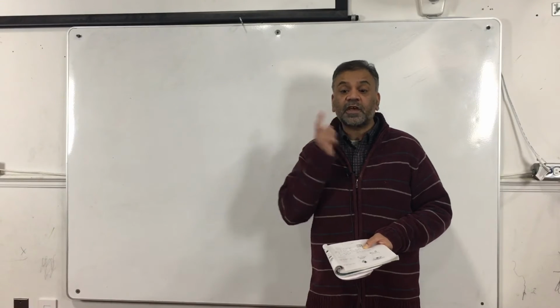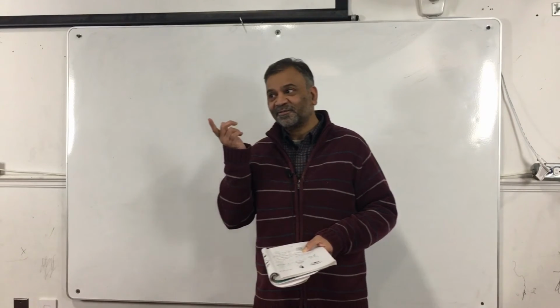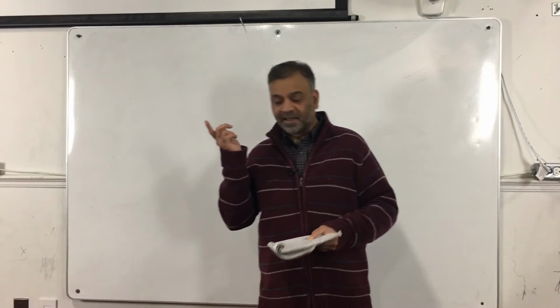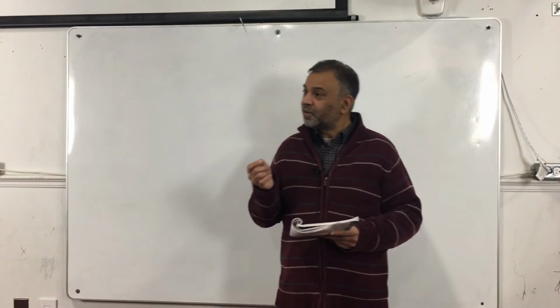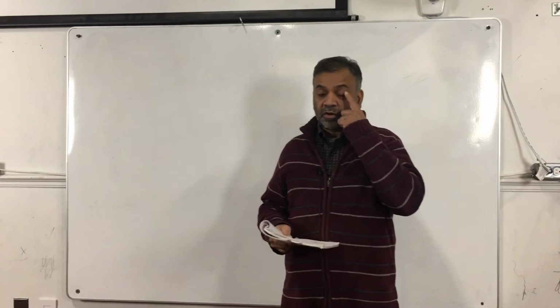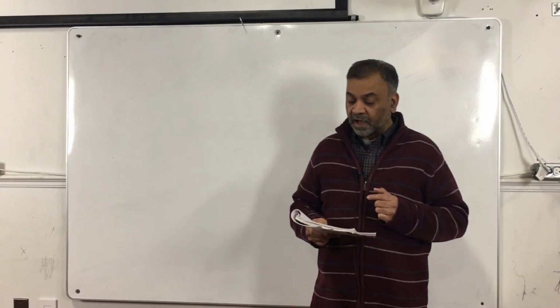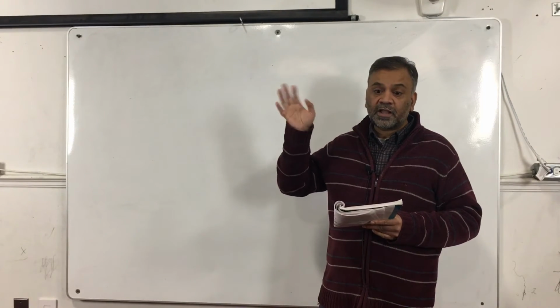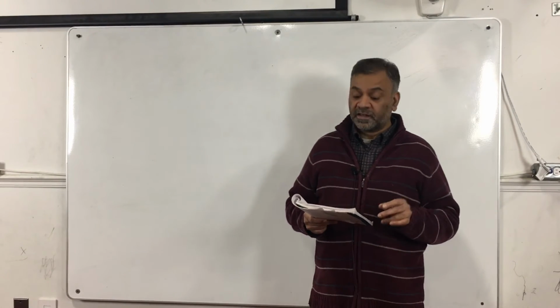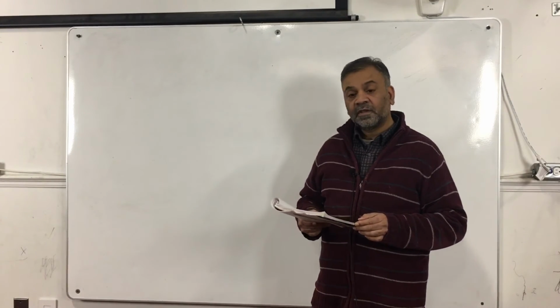Why hazihi? Because ears come in pairs, that rhymes. Hazihi uzunun, this is an ear. Wahazihi aynun, and this is an eye. Wahazihi yadun, and this is a hand. Wahazihi rijlun, and this is a leg, right.